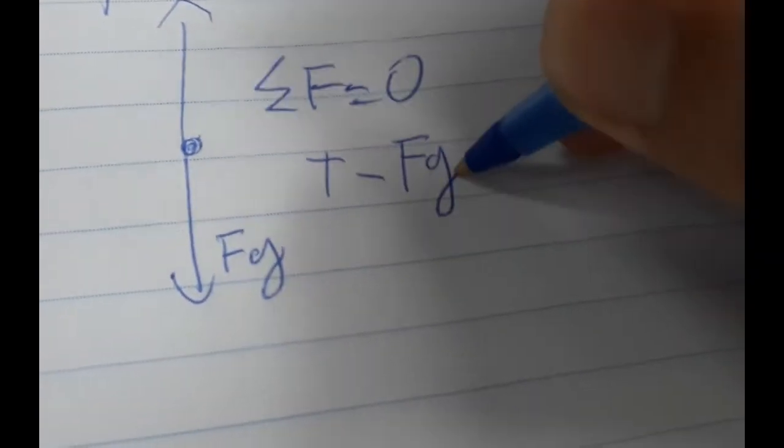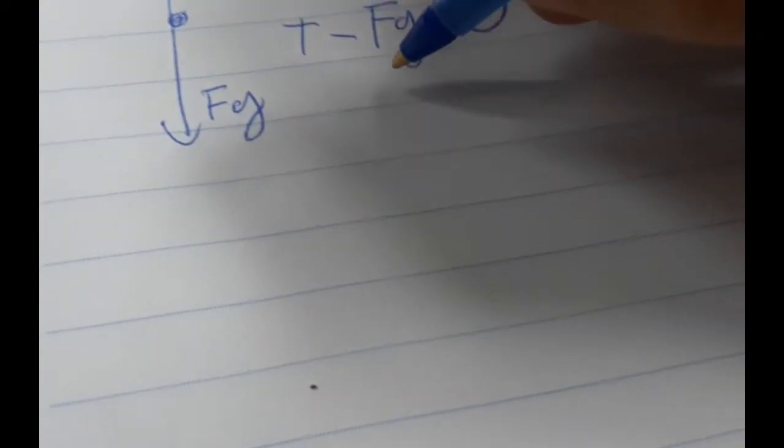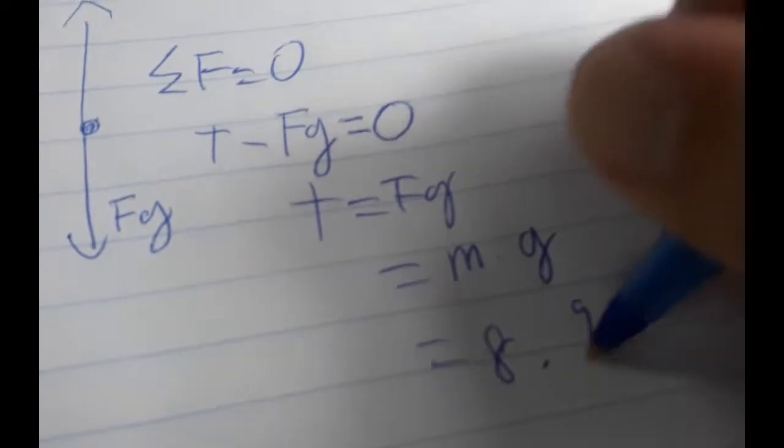The tension is going up, so it's positive, minus the gravity equals 0. So the tension equals the gravity, which is mass multiplied by g, 8 kilograms times 9.8, equals 78.4 Newtons. So here's our tension.